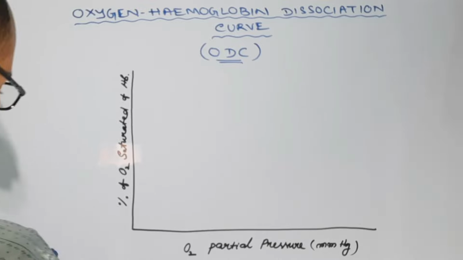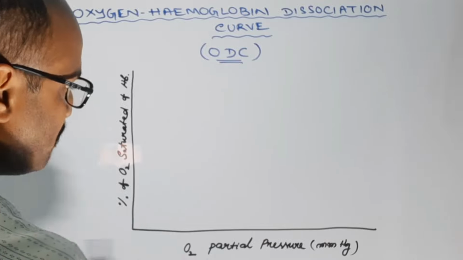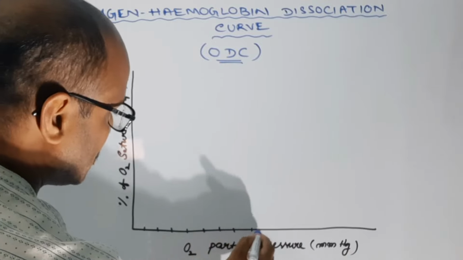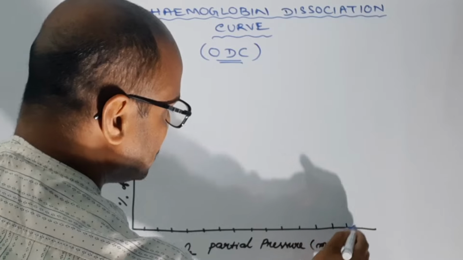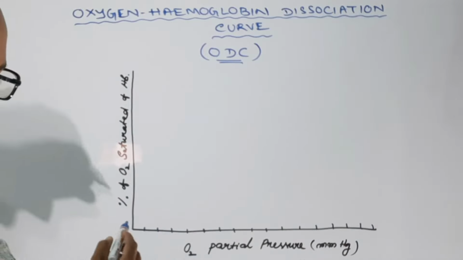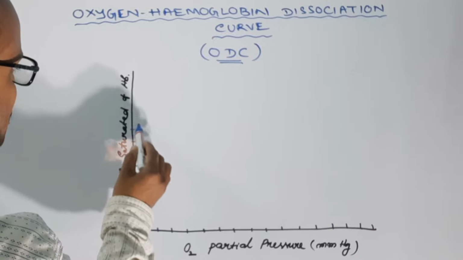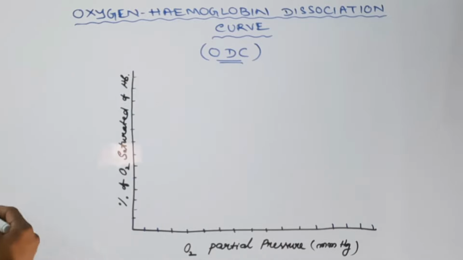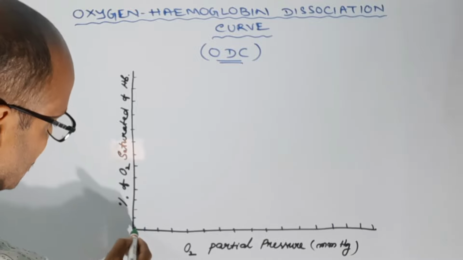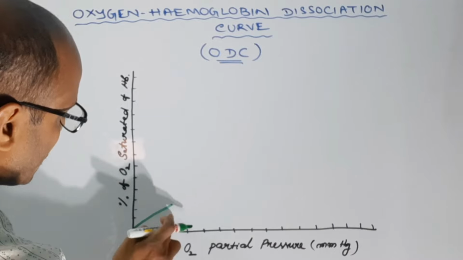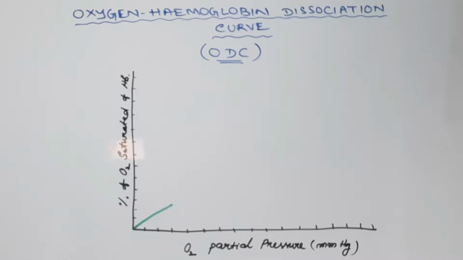Suppose that here it shows the oxygen partial pressure. With the increasing partial pressure of oxygen, there is an increasing affinity between hemoglobin and oxygen. At the initial stage, there is an increase in partial pressure, but the affinity does not increase much, it is slightly less.